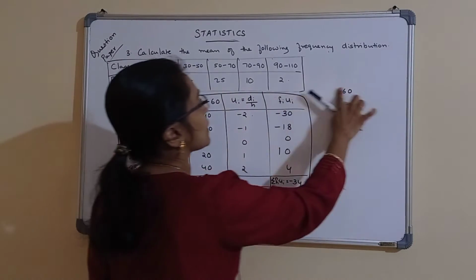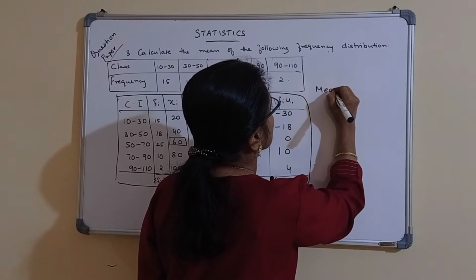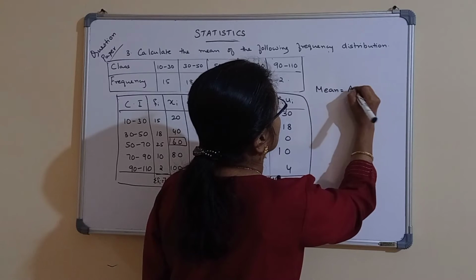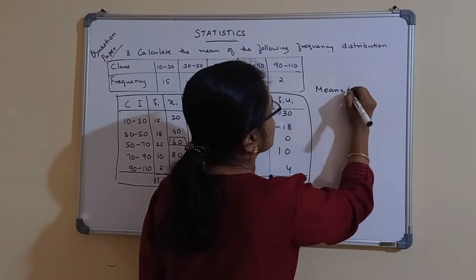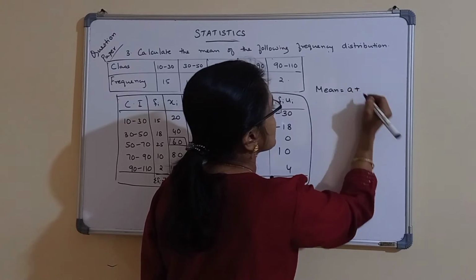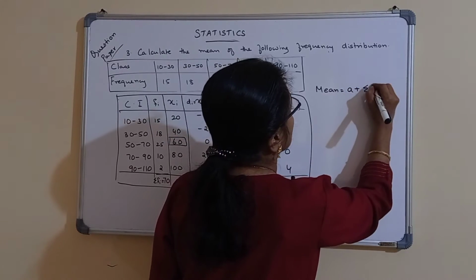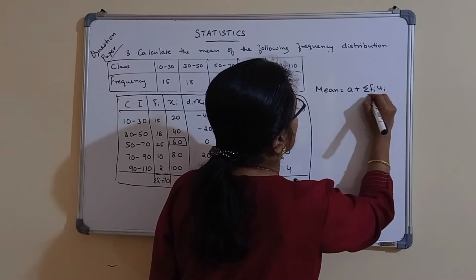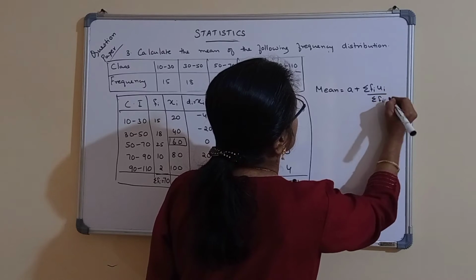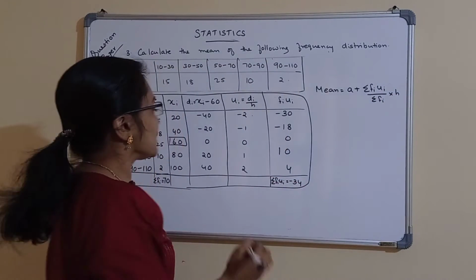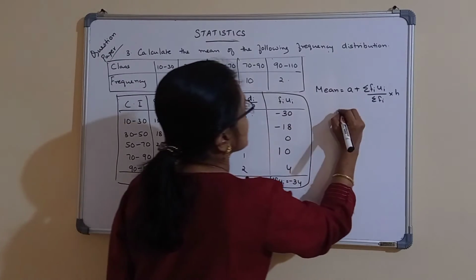Now, mean is equal to a plus sigma fi ui by sigma fi into h. And a we have taken as 60.